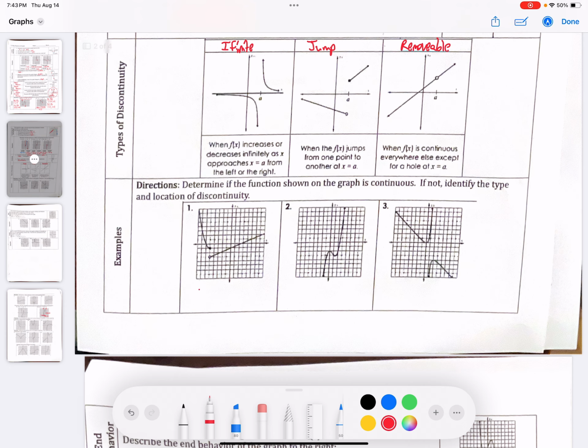So number one is jump discontinuity, and that occurs at the line x equals 5. This line here that I'm drawing in as a dotted line is where that jump discontinuity exists. Number two is continuous.